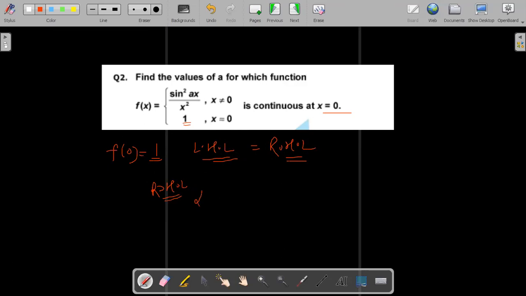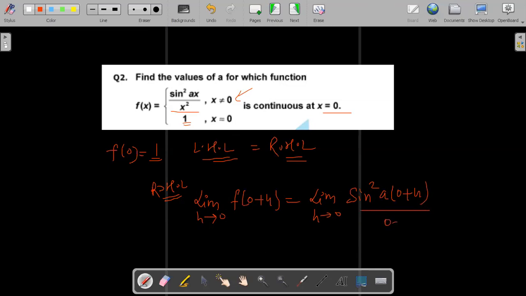So I'm calculating RHL, which is limit h tends to 0, f of 0 plus h. For that part, I will use this particular function. So limit h tends to 0, f of 0 plus h, I'm substituting 0 plus h, that means sine square a times of 0 plus h upon 0 plus h whole square.